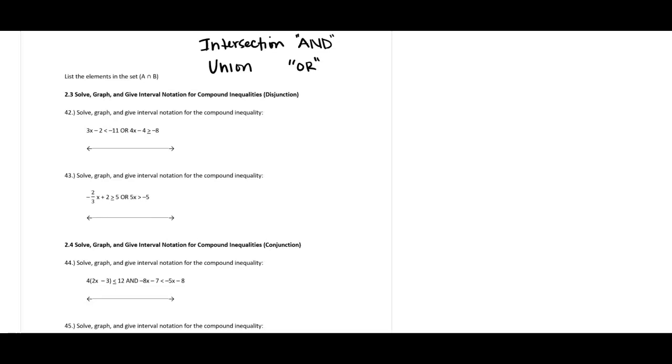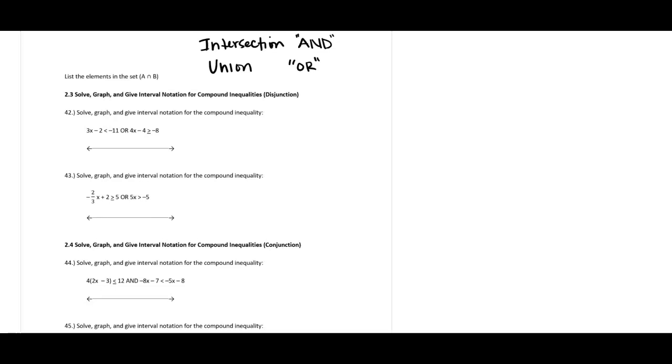Remember, intersection is just where they overlap each other. Remember we talked about an intersection in the road? Well, that's where the two roads cross over each other. That would be the intersection.